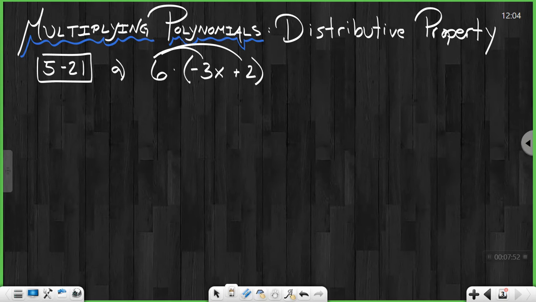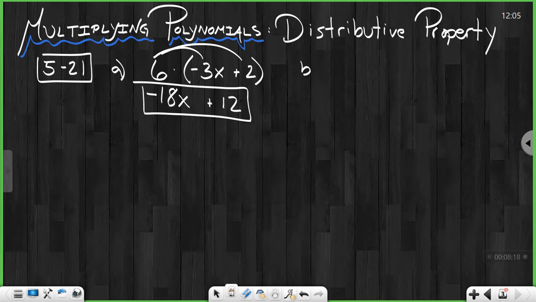When I do that, I simply do numbers times numbers, variables times variables. 6 times negative 3 is negative 18. x times no more x's. There are no x's being distributed, so it just remains as x. 6 times 2 is 12. And that's my final result, negative 18x plus 12. Questions on that?